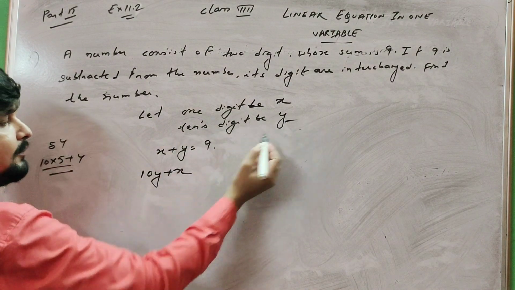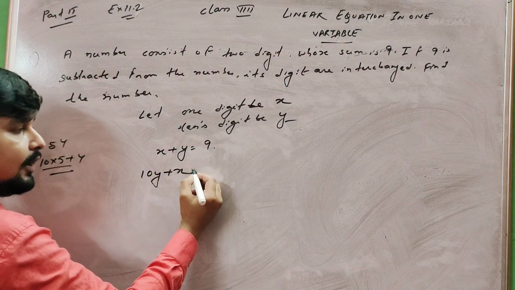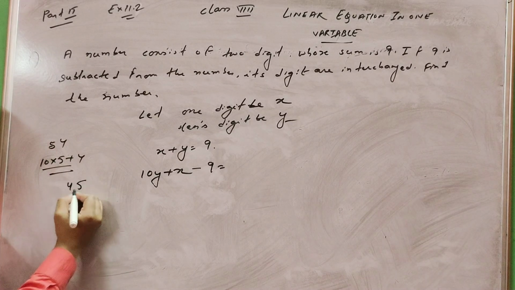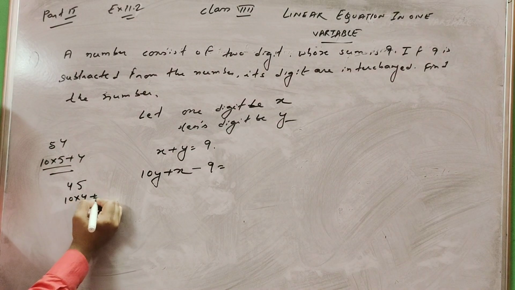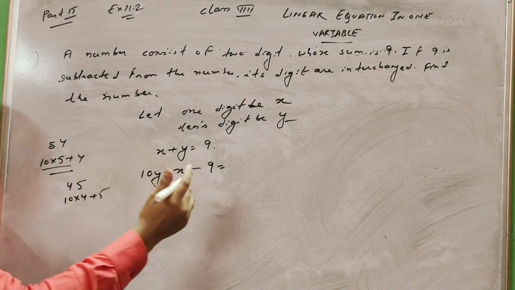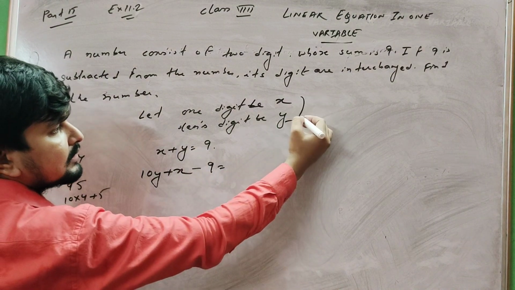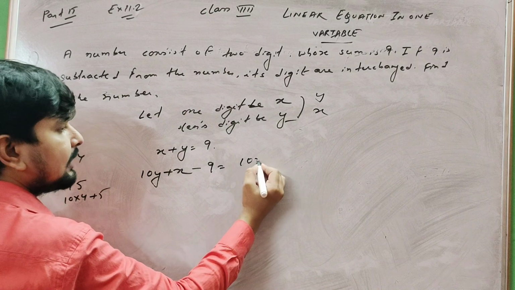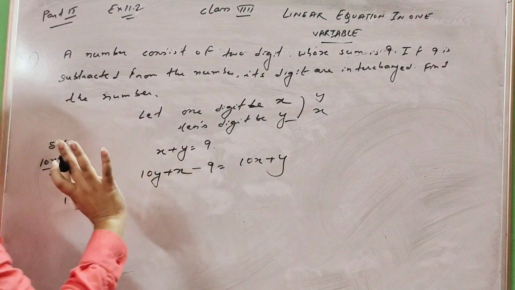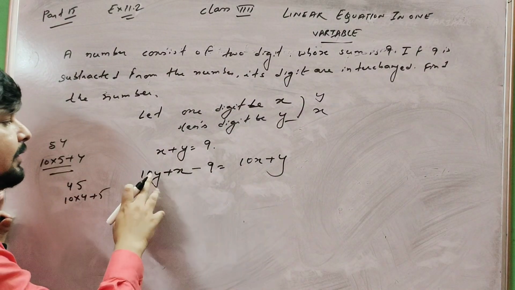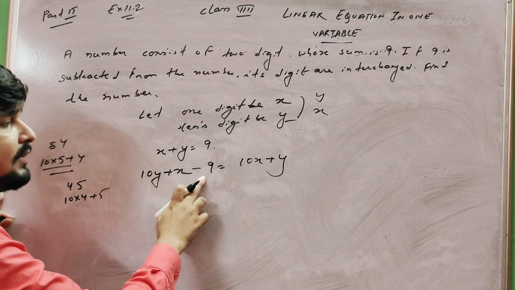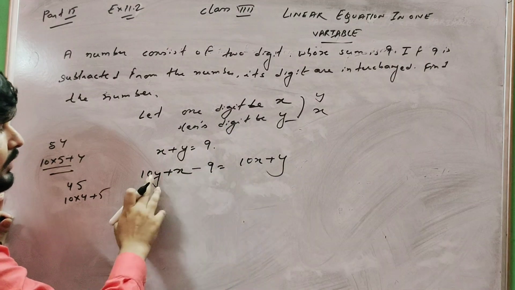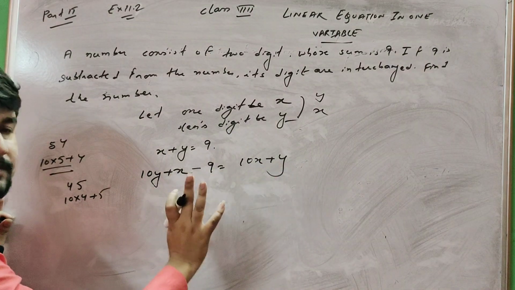So 10 into y plus x. If 9 is subtracted from this number, it gets reversed, that is 45, so 10 into 4 plus 5. So here y and here x, so the reverse is 10x plus y. Again I repeat, this is your number. If 9 is subtracted, the number gets reversed. So 10y plus x changes to 10x plus y.